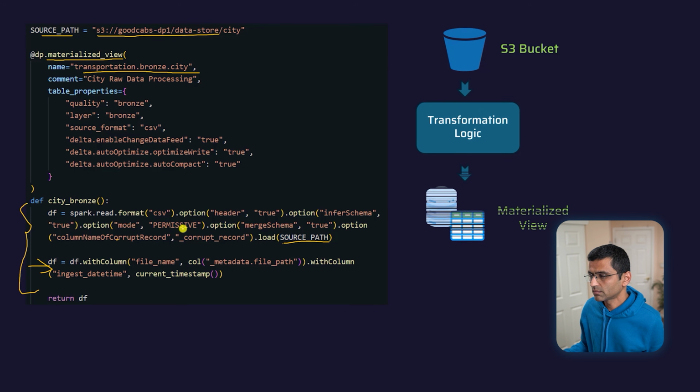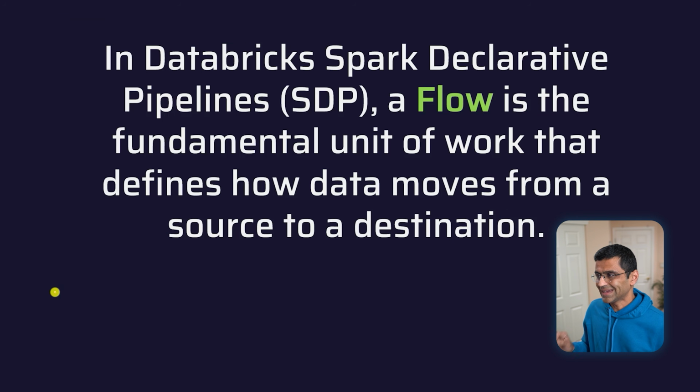And eventually we wrote data to a materialized view using this particular annotation. So here the transformation logic is nothing but a flow. Okay, so this thing right here is your flow. It's a fundamental unit of work that defines how data moves from source to a destination.